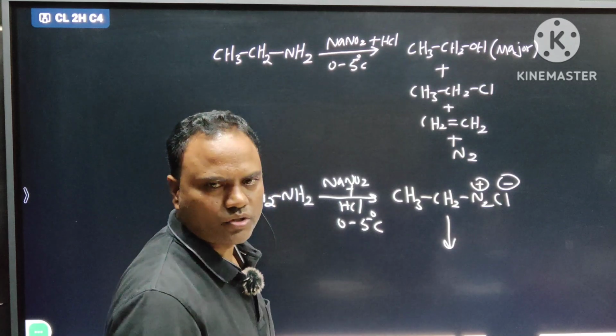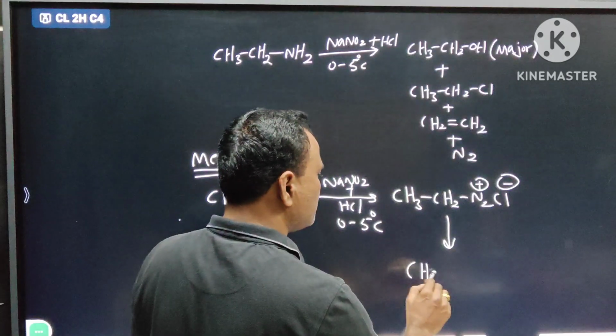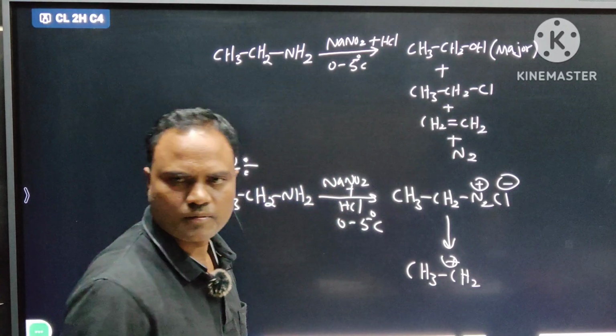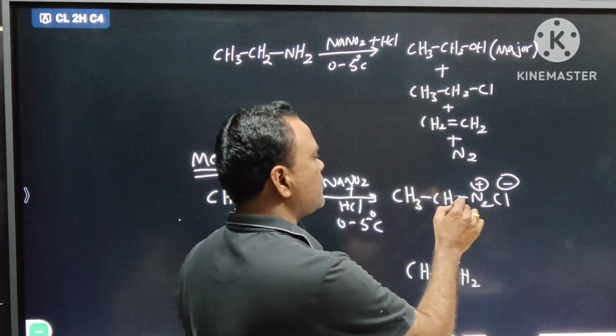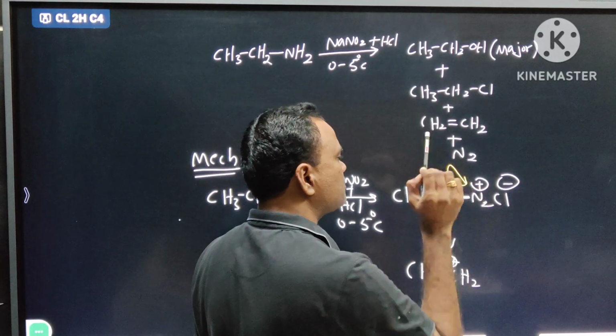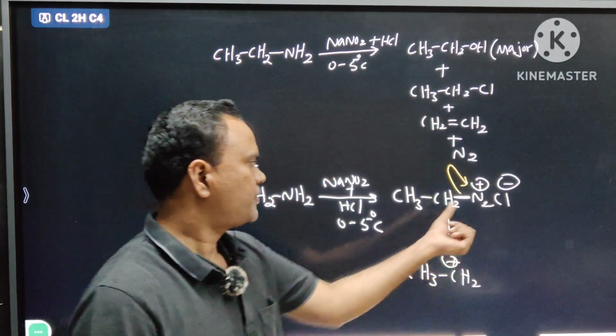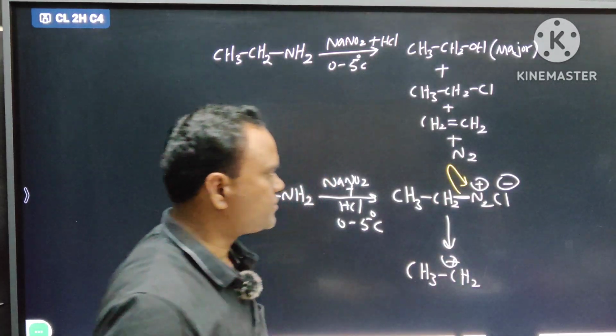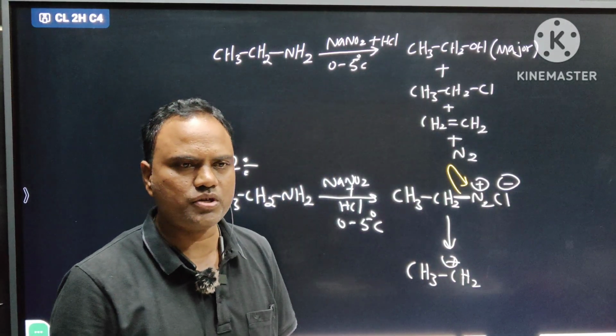It undergoes decomposition to give the carbocation CH3CH2+. Just imagine this bond will break. Nitrogen with a positive charge is unstable, no? So this bond will shift onto the nitrogen with the positive charge.